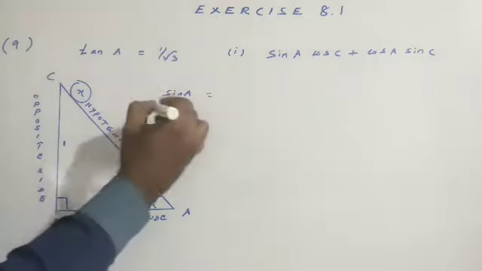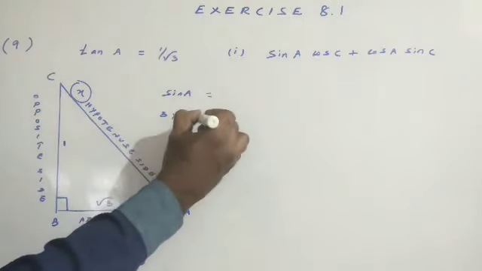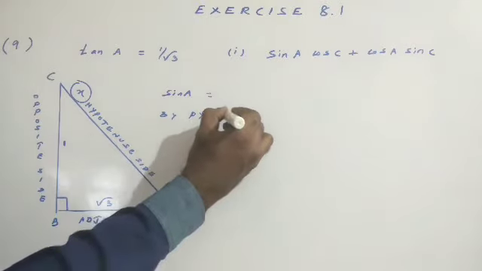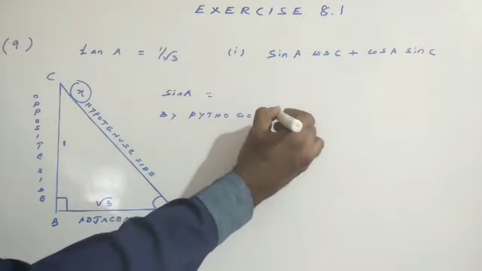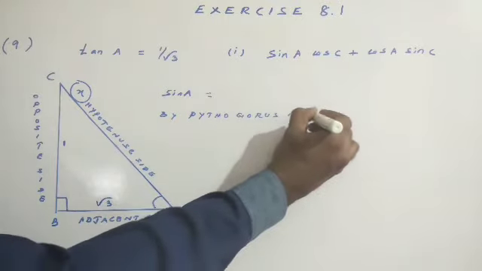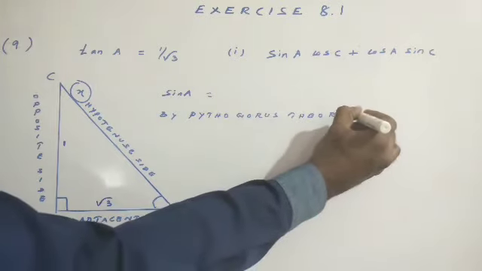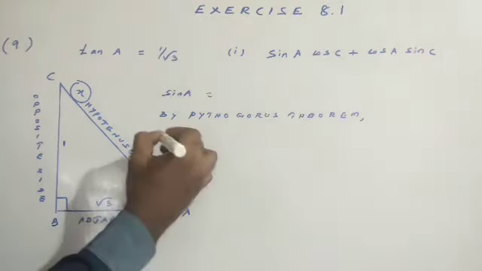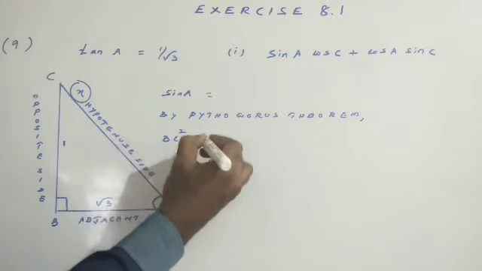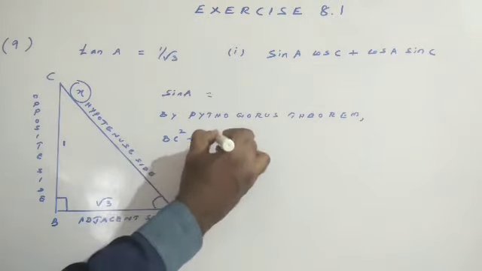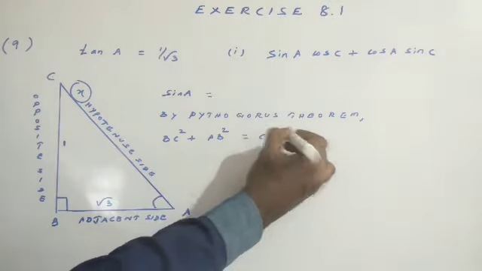Now using Pythagoras theorem, opposite side square, that is BC square, plus adjacent square, that is AB square, equals hypotenuse square, that is CA square.